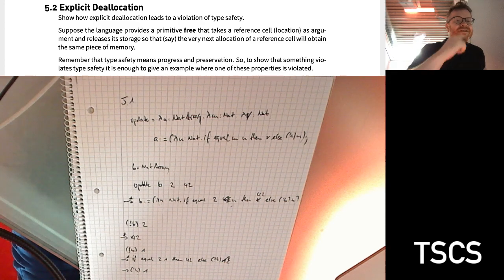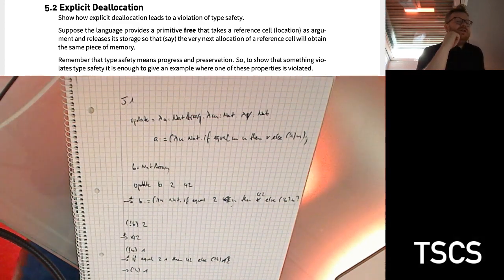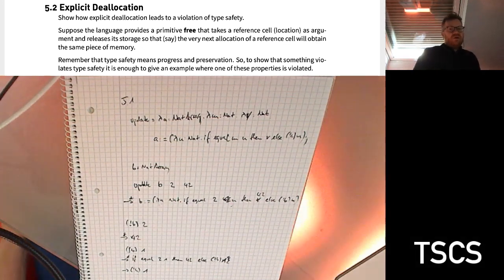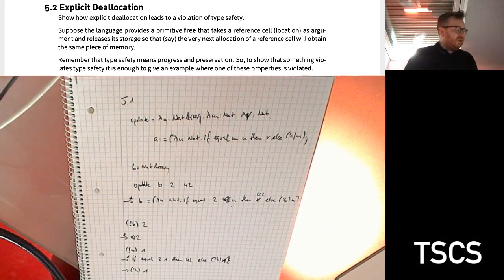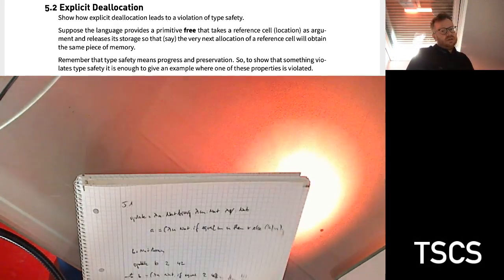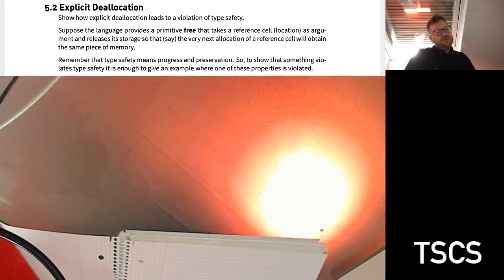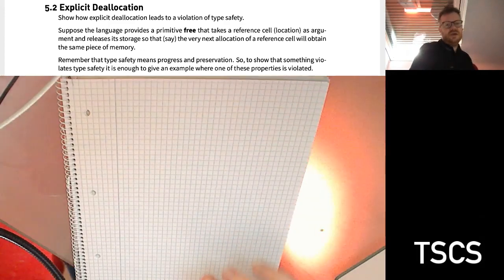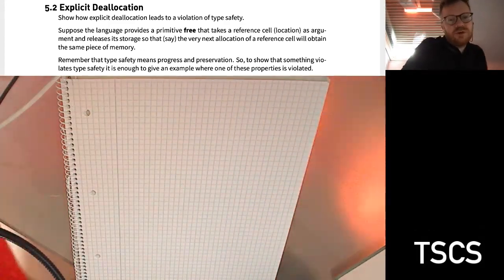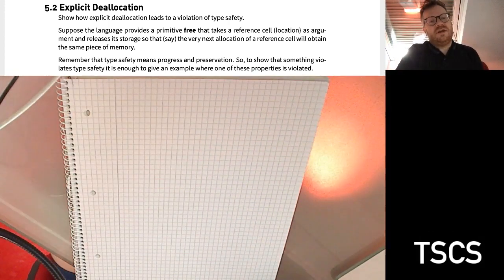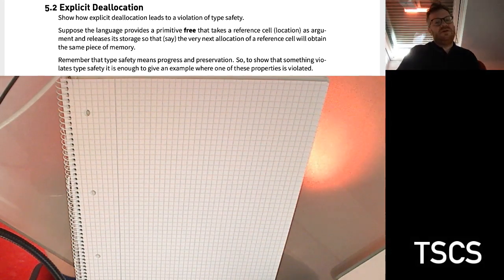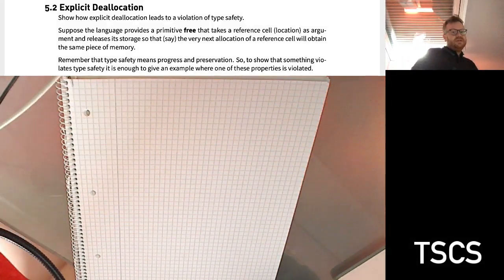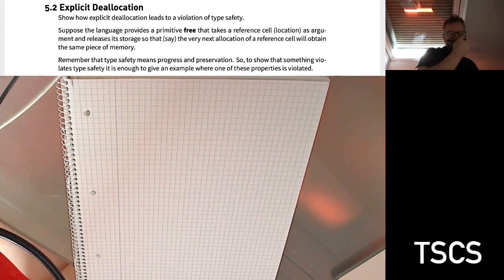Okay. So the question here was show how explicit deallocation leads to a violation of type safety. And suppose the language provides a primitive free that takes a reference cell, which is a location, as an argument and releases its storage so that the very next allocation of a reference cell will obtain the same piece of memory.